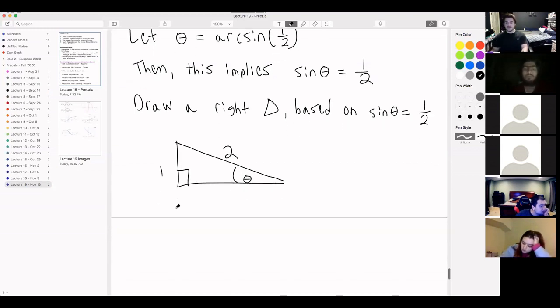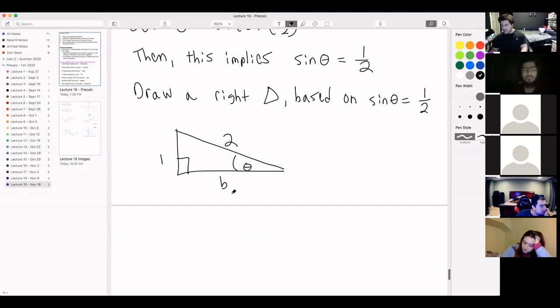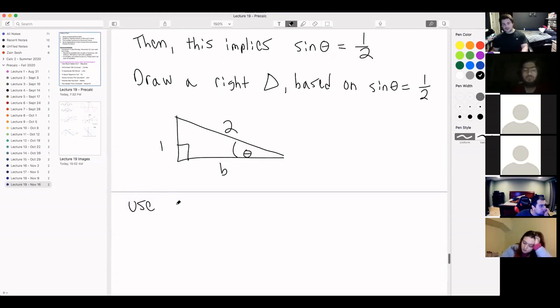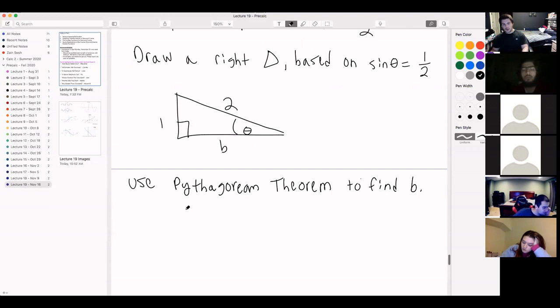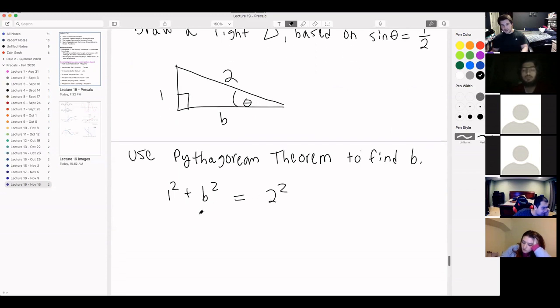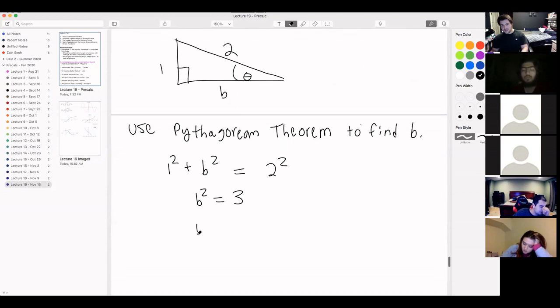Now, the side that you don't have, call it B, and use the Pythagorean theorem to find B. By the Pythagorean theorem, we know that 1 squared plus B squared will be 2 squared. So B squared is equal to 3, and thus B is equal to the square root of 3.